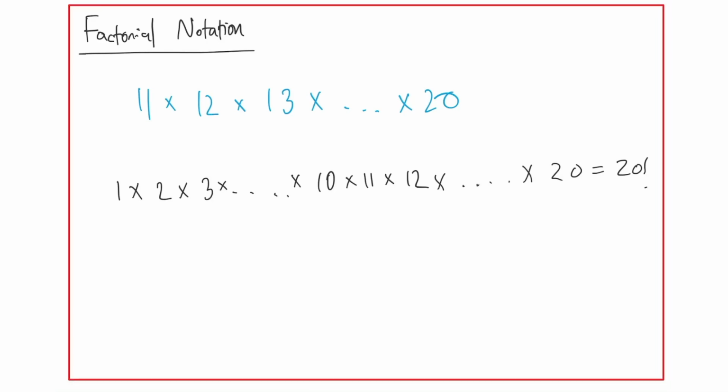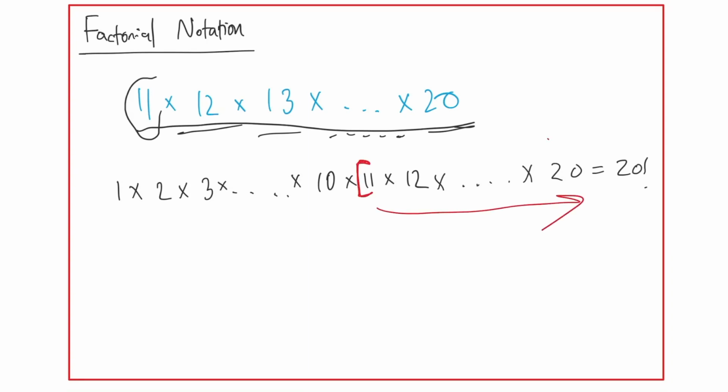What we want to evaluate according to the question is this part: the product 11 times 12 times 13, whatever is in between, times 20. In 20 factorial, that starts right around here, 11 and beyond.